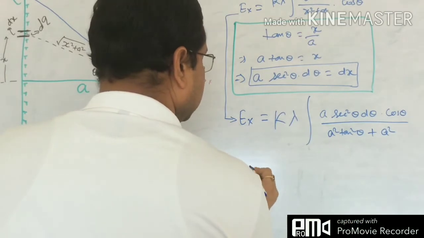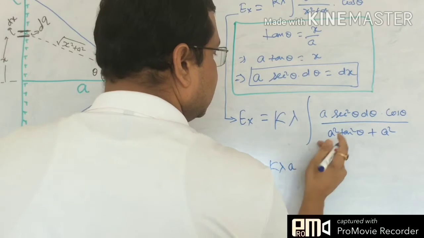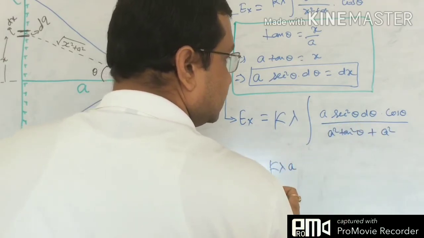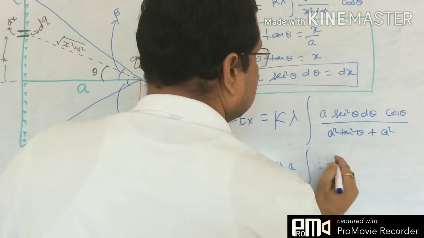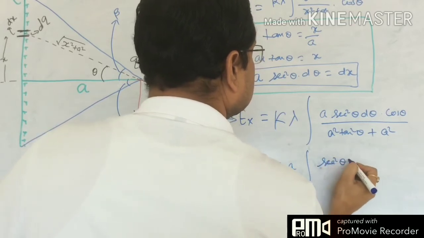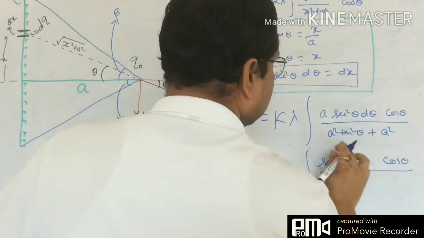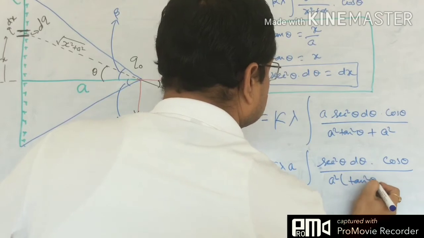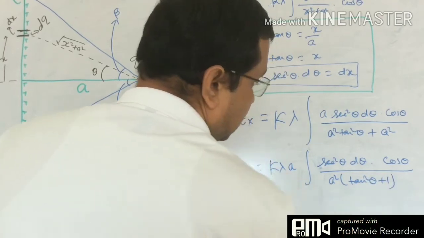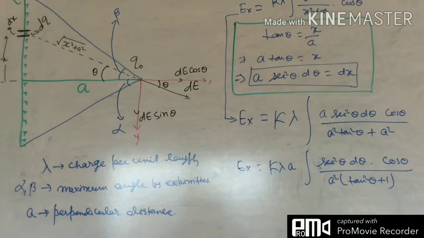So now Ex equals k lambda, a is constant and comes out of the integration, integration of sec square theta d theta into cos theta by a square common, tan square theta plus 1. And what is the value of tan square theta plus 1? It is sec square theta.